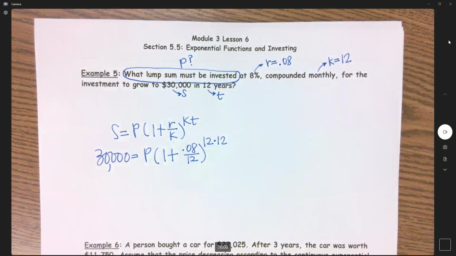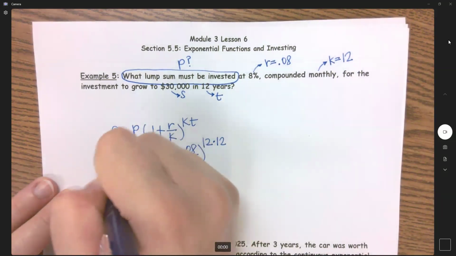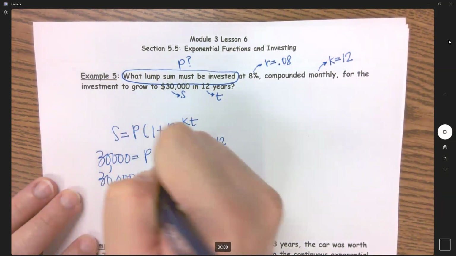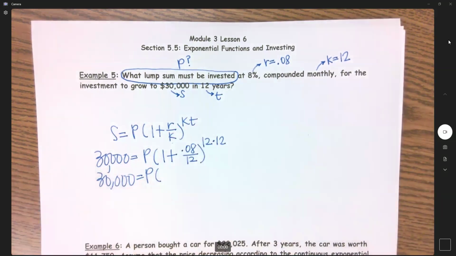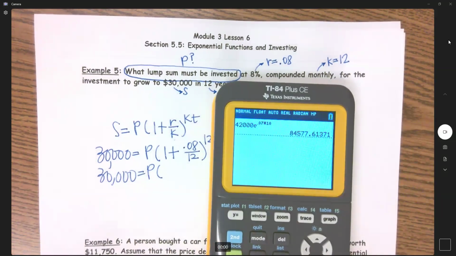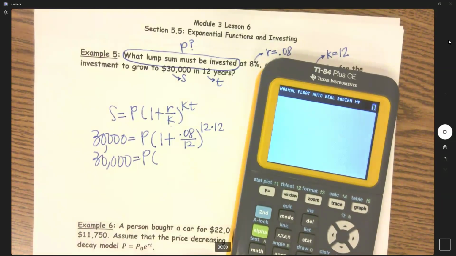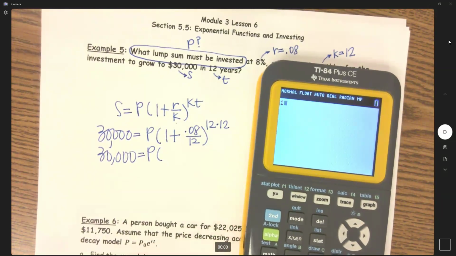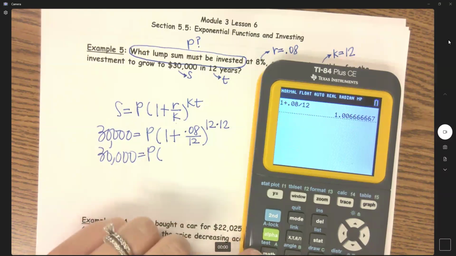Okay, so let's clean this up a little bit. We have 30,000 equals P. Let's see what goes in the parentheses right here. So 1 plus 0.08 divided by 12 gives me this number here. I'm going to turn that into a fraction.